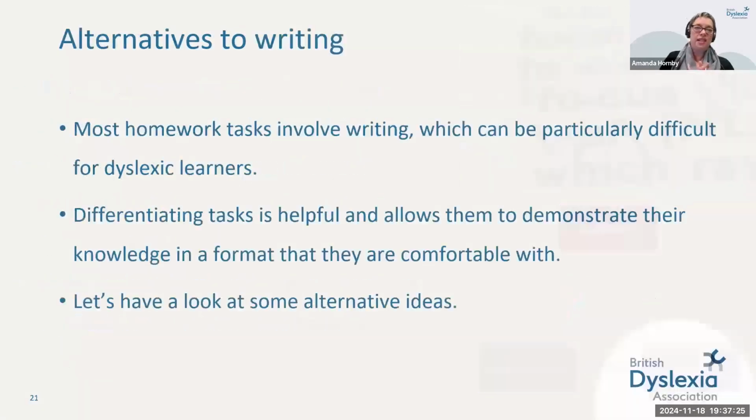So, alternatives to writing. Most homework and classwork tasks involve writing, don't they? And this is particularly difficult for dyslexic learners. They haven't got that word finding ability efficiently. They're not able to do that as quickly as other people.